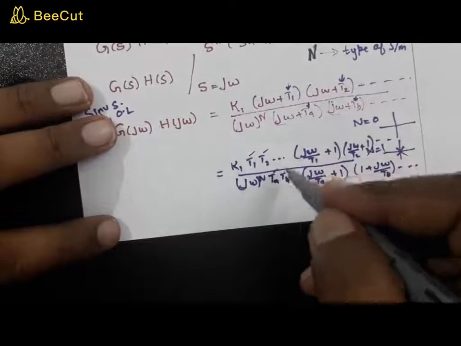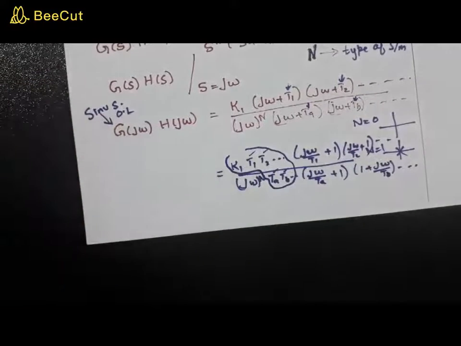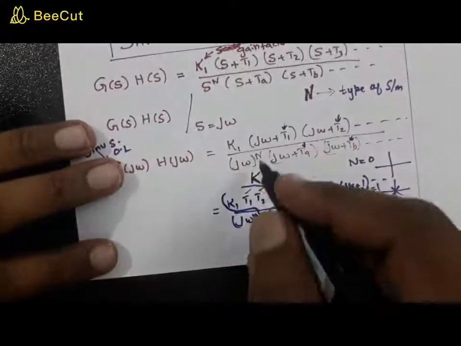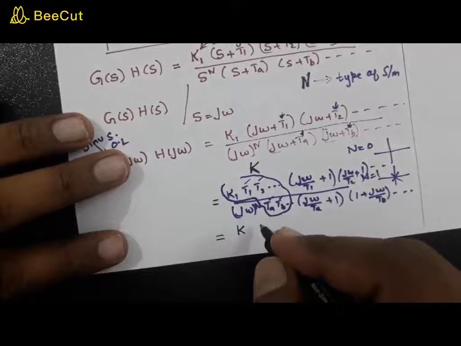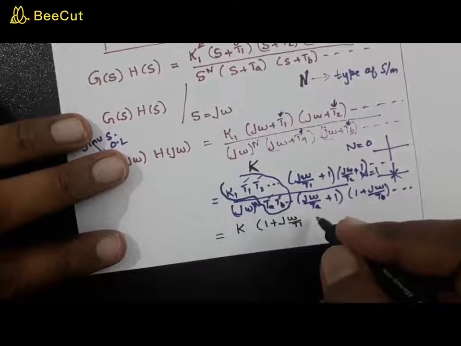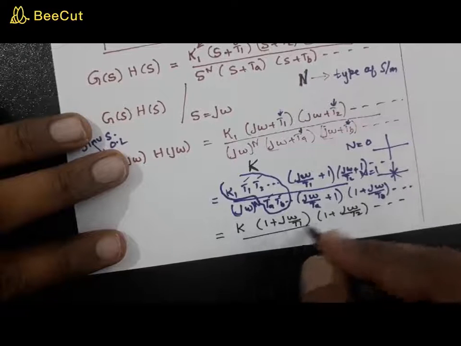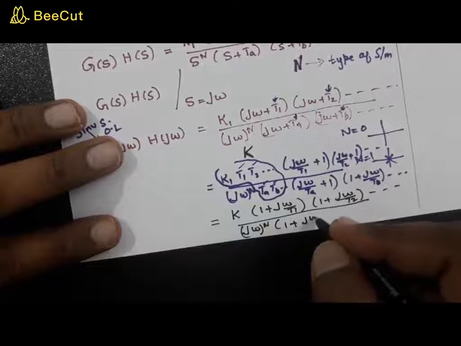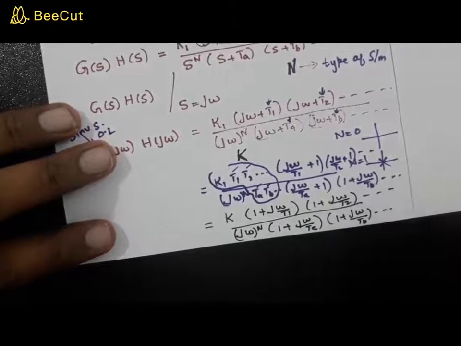Now this T1, T2, Ta, Tb, all these are constants, so you can combine all these constants together and call that K. This K can be called the overall scale factor of this system, so that this can be written as (1 plus j omega by T1) into (1 plus j omega by T2), etc., divided by (j omega) raised to n into (1 plus j omega by Ta) into (1 plus j omega by Tb), and so on.